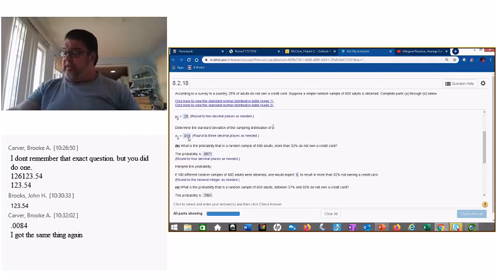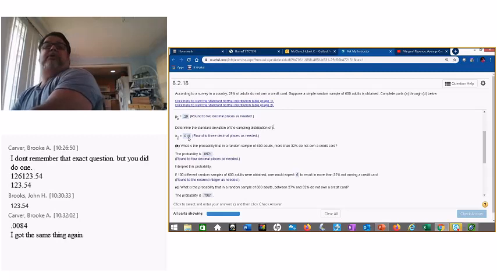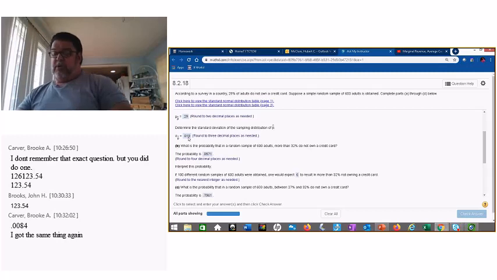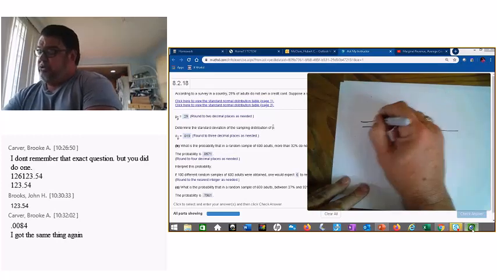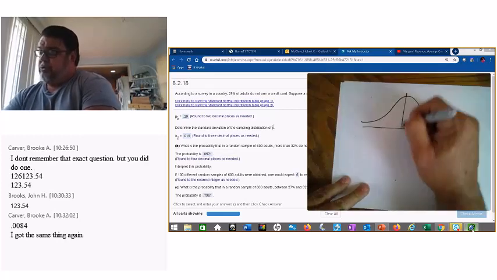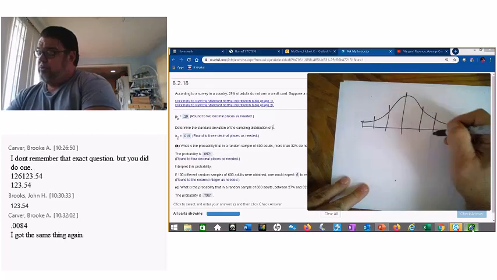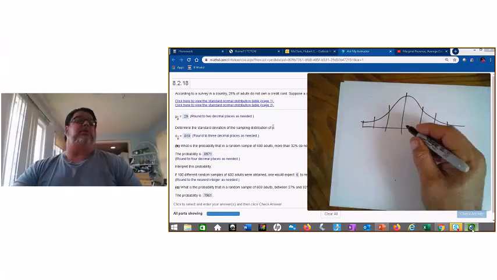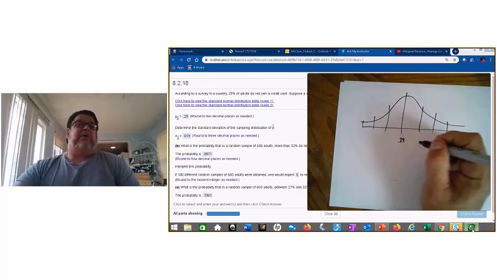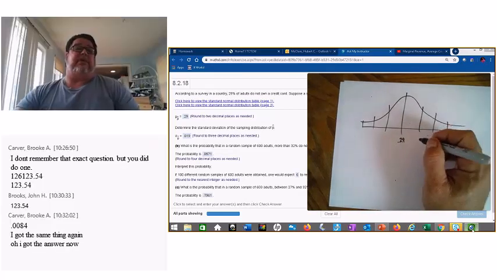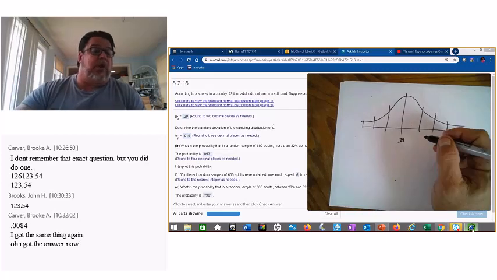Okay, let's move on to B. B says, what is the probability of more than 32%? So they got to do a new z-score. We know that the mean is equal to 0.29. Okay, what did you do different?